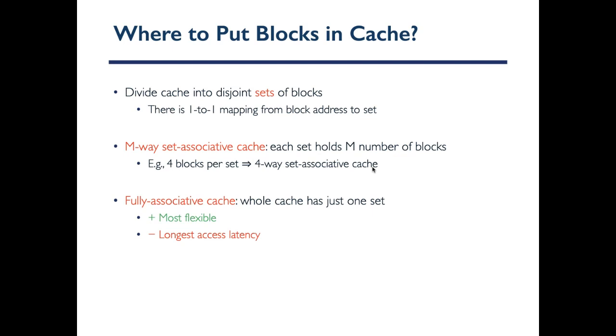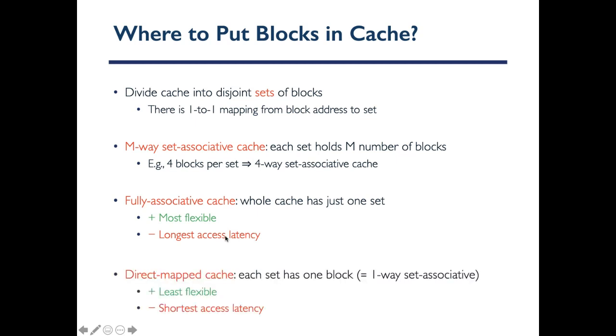Remember, we're going to map each block to each set. If you have only one set, this means that any block could go anywhere in your cache because there's only one set. But as we will see, this would mean that access latency is higher.